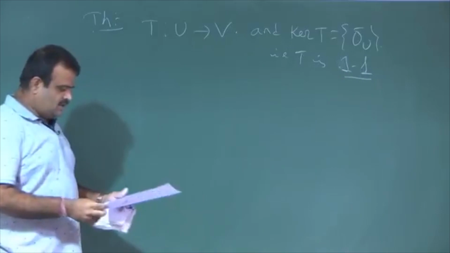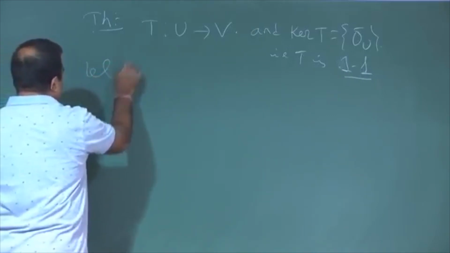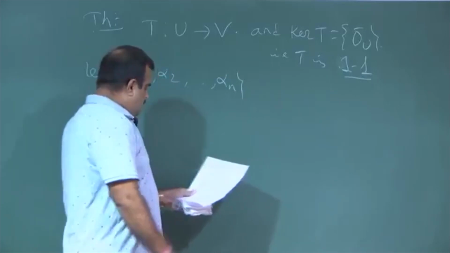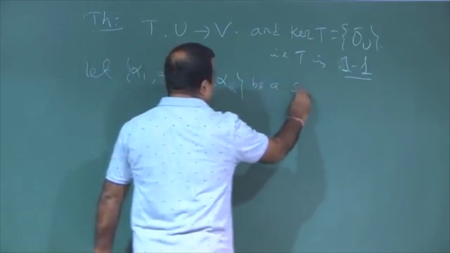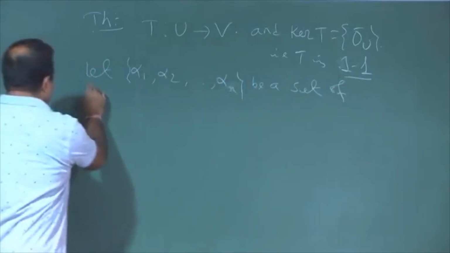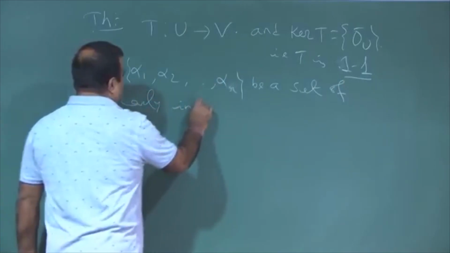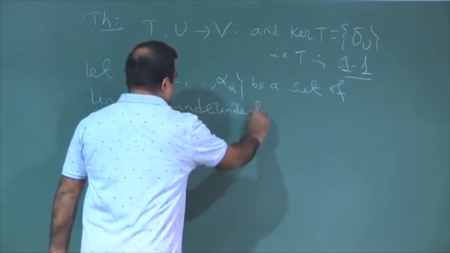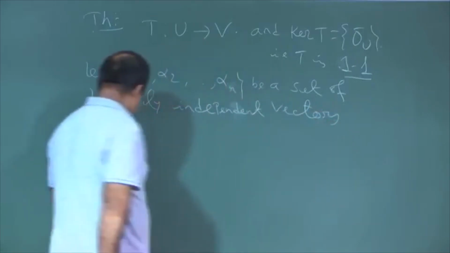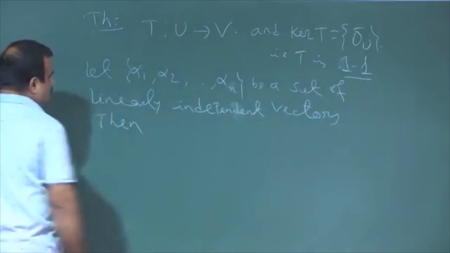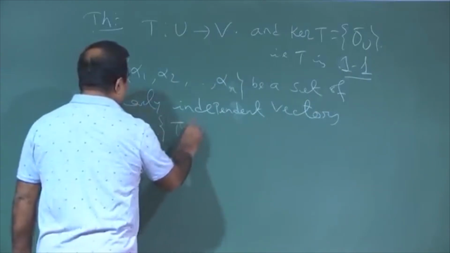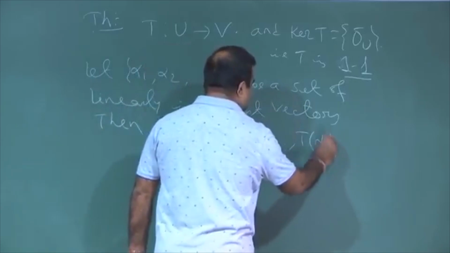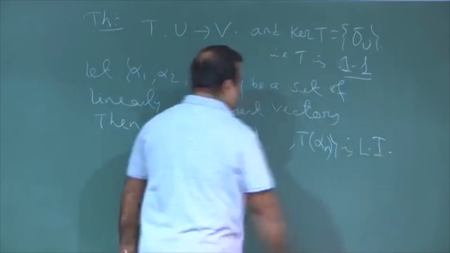Now, this theorem is telling, if we take alpha 1, alpha 2, up to alpha r, a set of linearly independent vectors, then the set T of alpha 1, T of alpha 2, up to T of alpha r is also a linearly independent set of vectors.